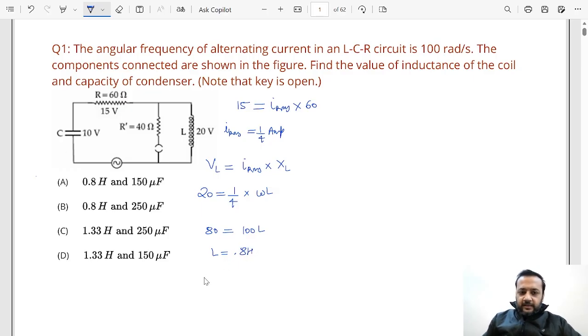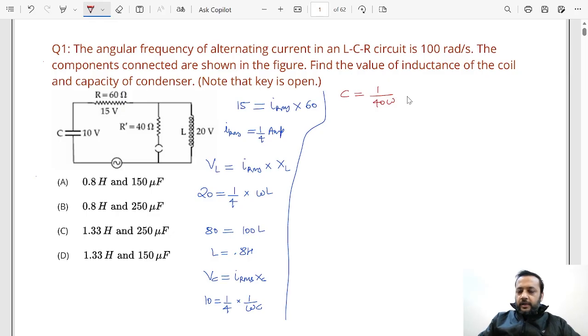Similarly, to find the value of the capacitance, we can write VC equals I RMS into XC. VC is given as 10 volts, I RMS is 1 by 4, and XC can be written as 1 by omega C. So the capacitance will be equal to 1 by 40 omega, and the value of omega is 100.